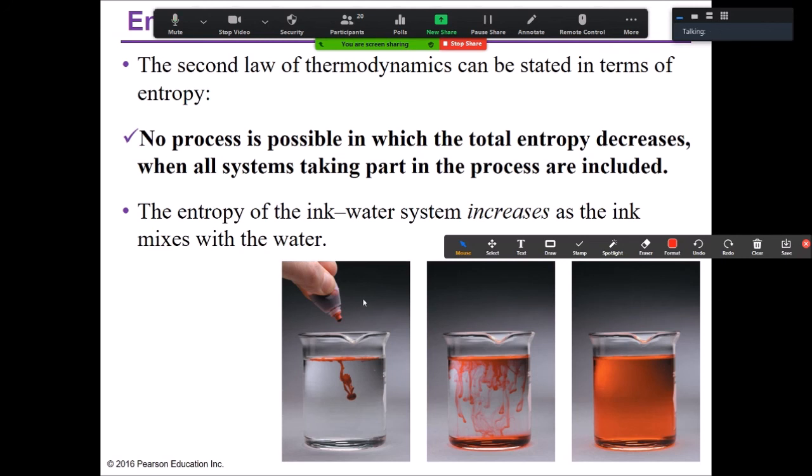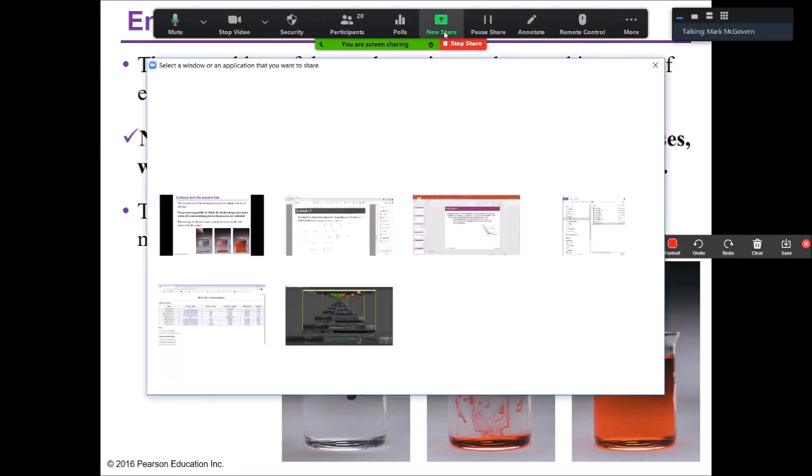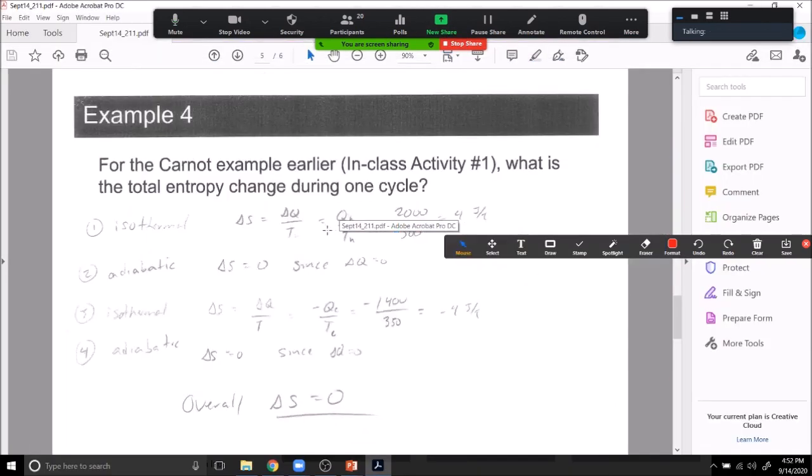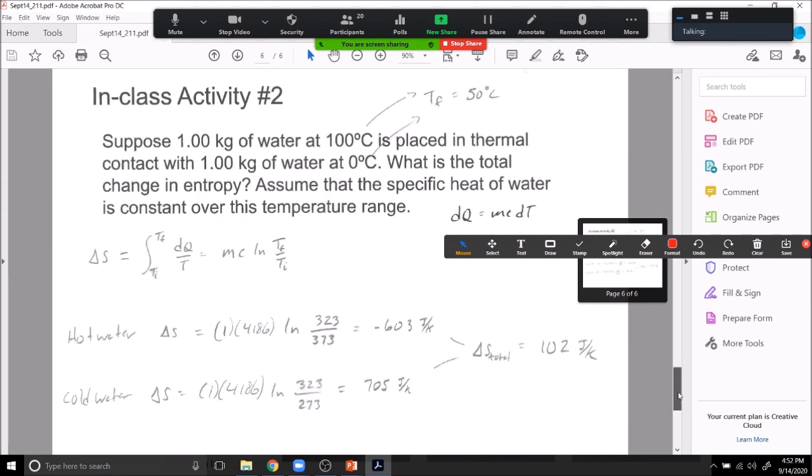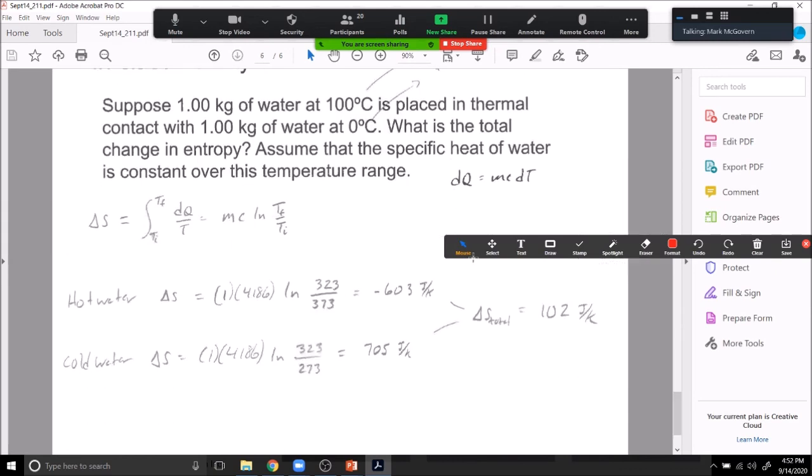Anyway, one more example, and we're going to be done here. Suppose we have a kilogram of water at 100 Celsius placed in thermal contact with a kilogram of water at 0 Celsius.